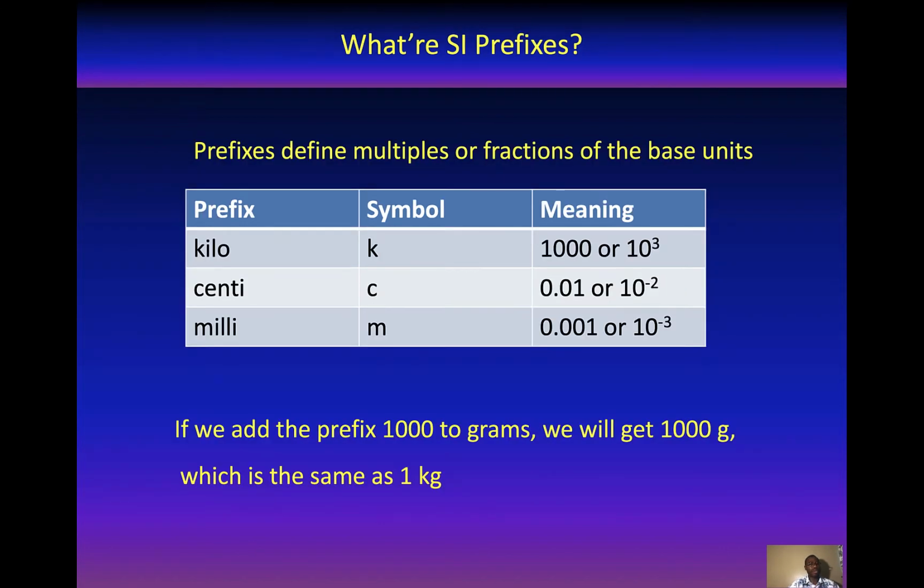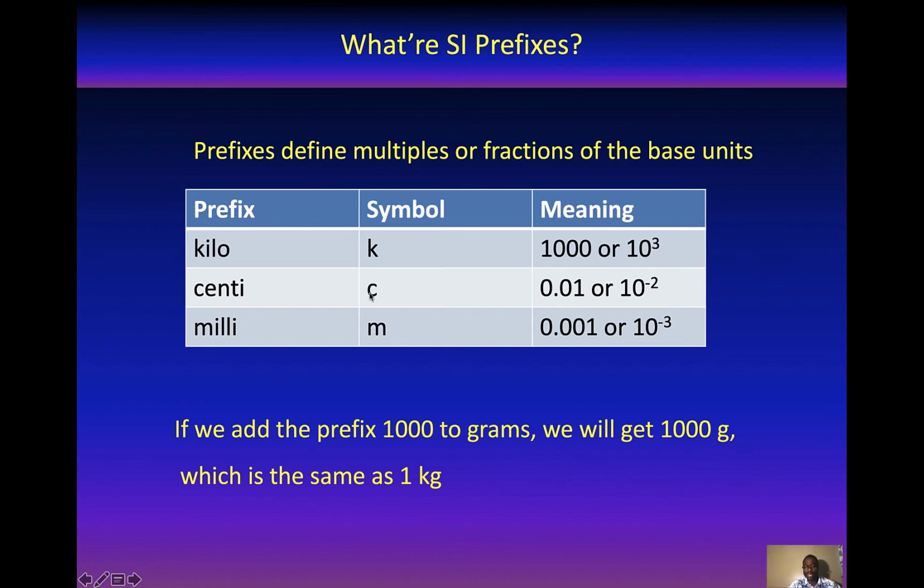Now let's look at what we call prefixes. Now, what is a prefix? Now, a prefix is a word, a number, or letter placed before another. Now, when a prefix is added to a unit name, it creates a larger or smaller unit by factors that are powers of 10. For example, if we add the prefix 1000 to grams, we will get 1000 grams.